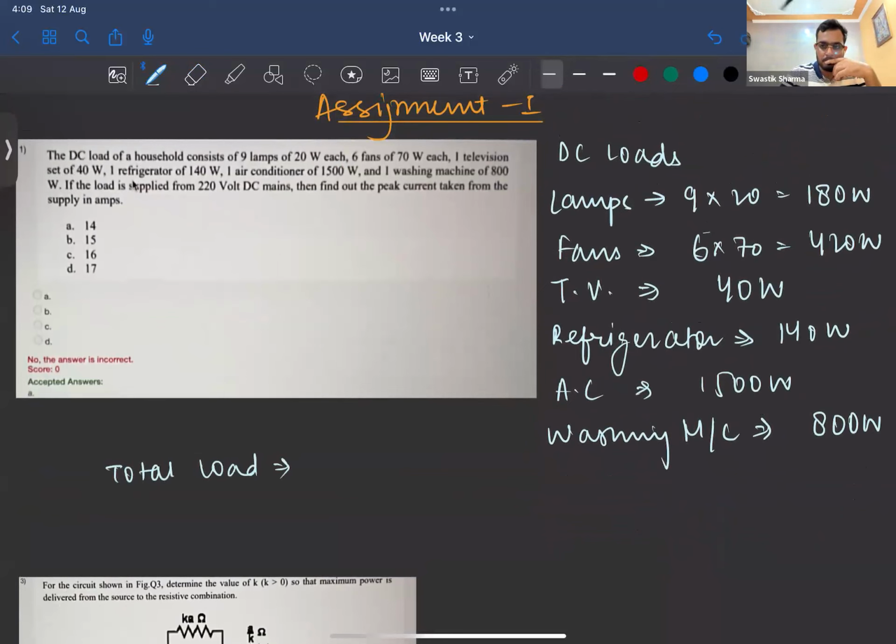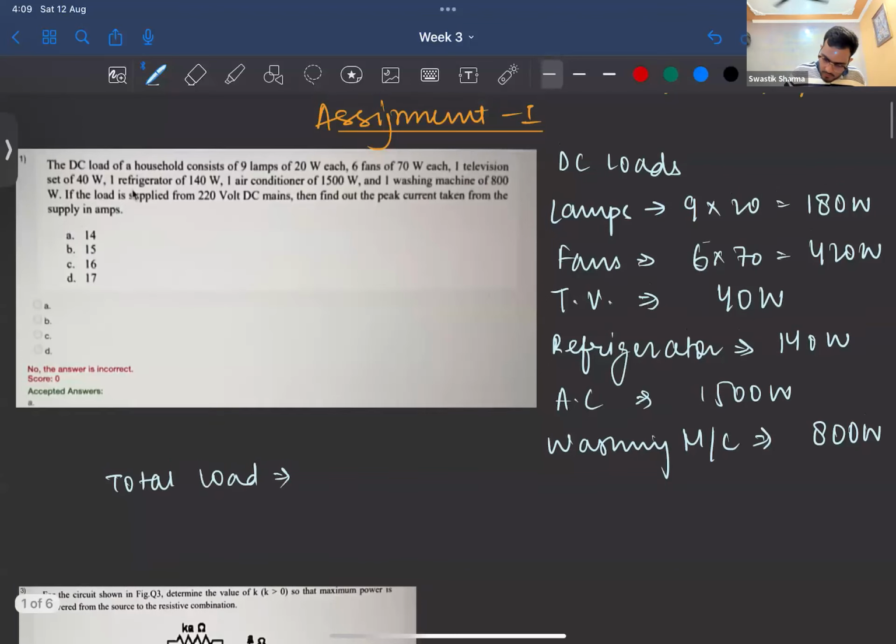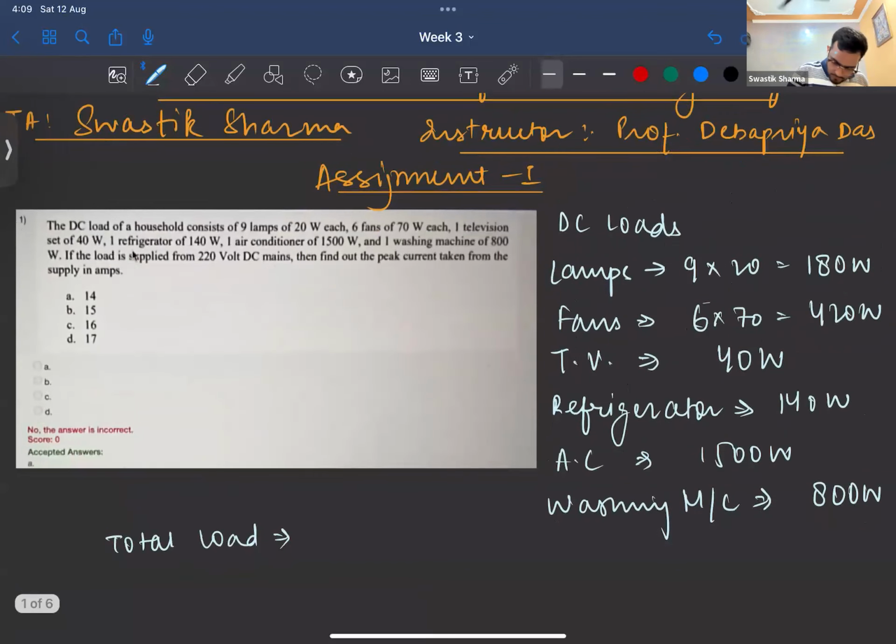Okay, so we'll do it together. 180, 420, 40, 140, 1500, and 800. The total load is 3080 watts, right? And we are given that it's being supplied from a DC mains of 220 volts.